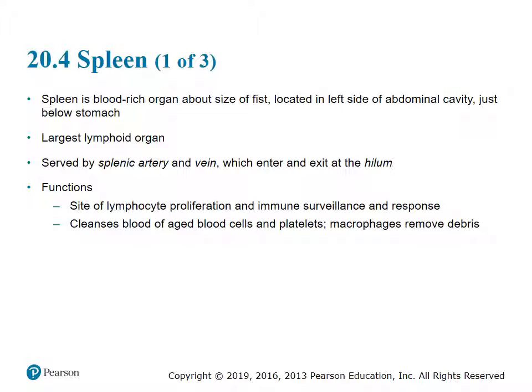And of course, the spleen is where you're going to have proliferation, which means dividing of the lymphocytes, where we surveil the lymph fluid in response. And the spleen is also, going back to blood, where you actually break down old red blood cells and platelets. So the macrophages' responsibility is also to break those down and remove them.